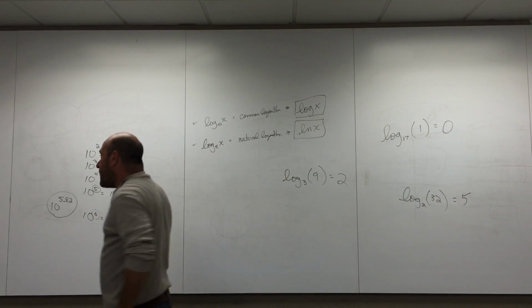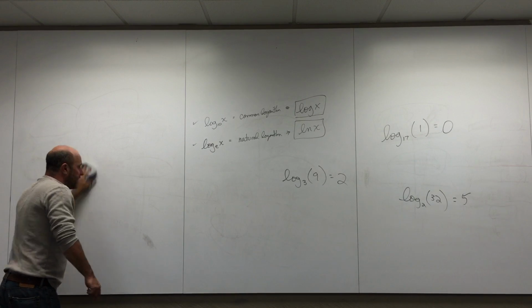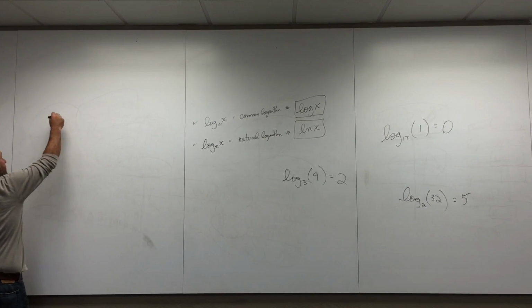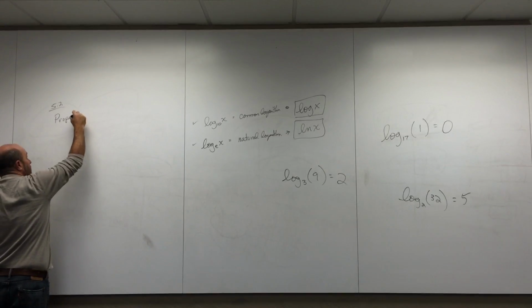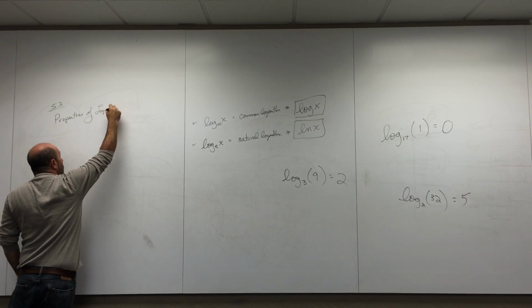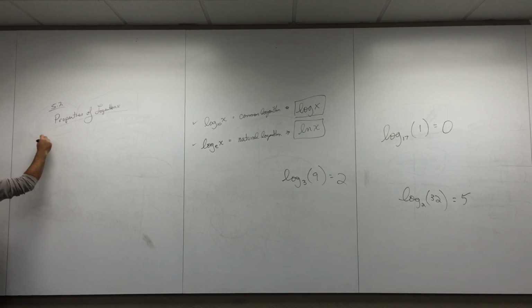Hey, I've got 3 minutes. I might want to say something else here, just right at the end. This is quick and fast, but I'm still in 5.2, and there are these special properties of logarithms. And here they are. This is true for any log.